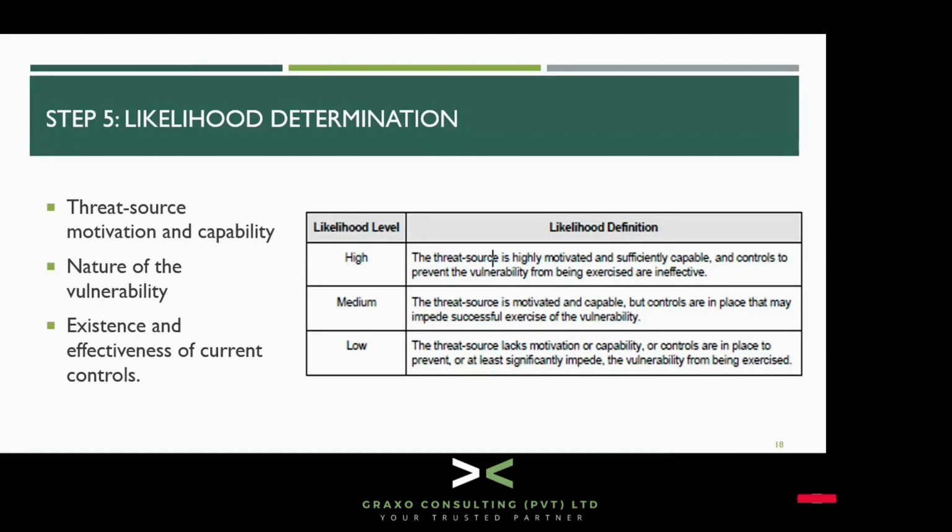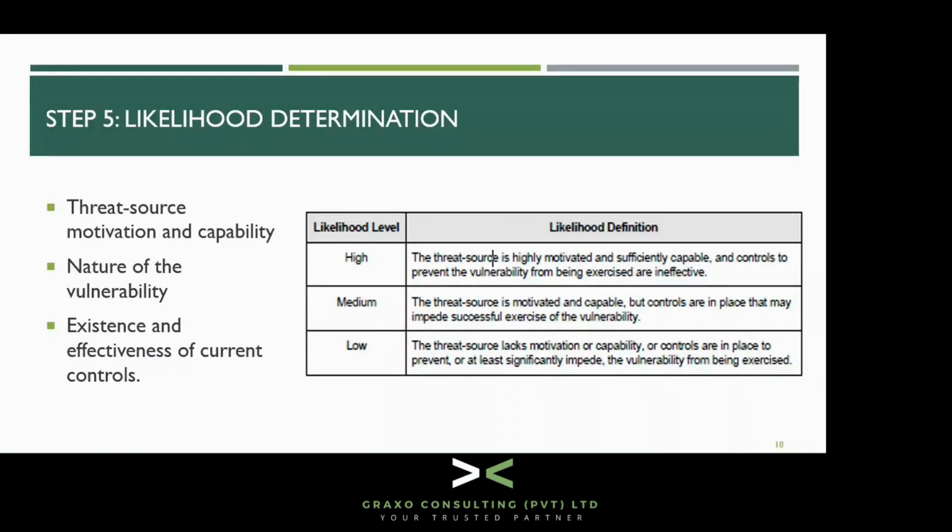And the controls to prevent the vulnerability from being exercised are ineffective. The controls that are being applied are not effective at all. And the threat source itself is highly motivated and capable, right? So in this case, the likelihood level would be high. It is very likely that the threat source would be able to exploit the vulnerability.